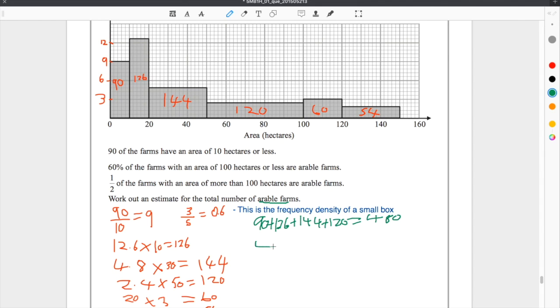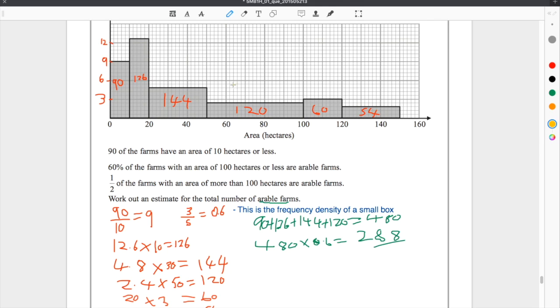So we do 480 times 0.6. And that's 288 arable farms that are less than 100 hectares in area.